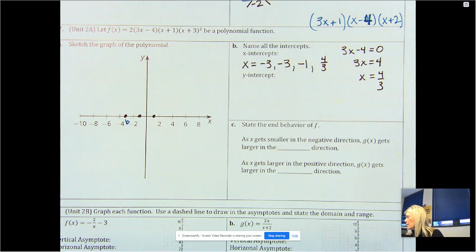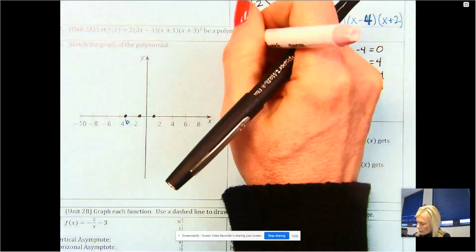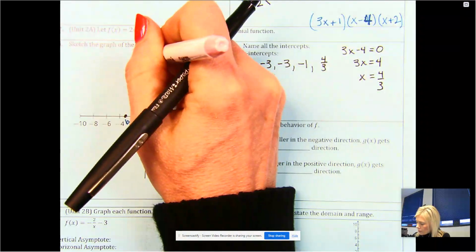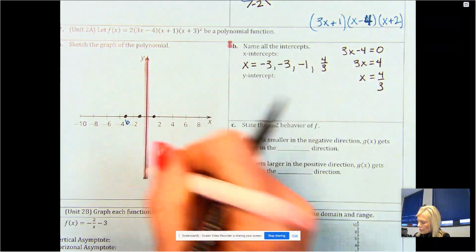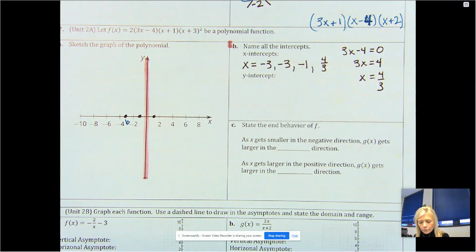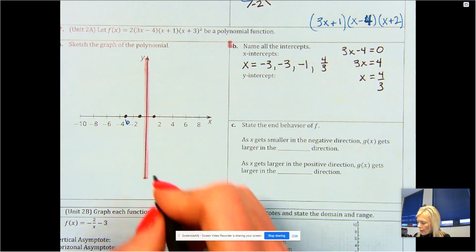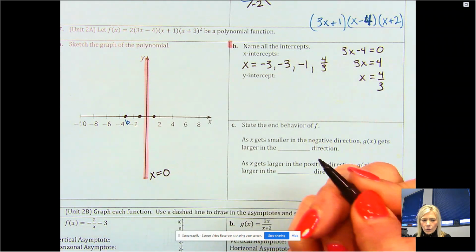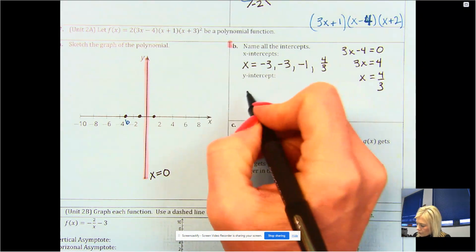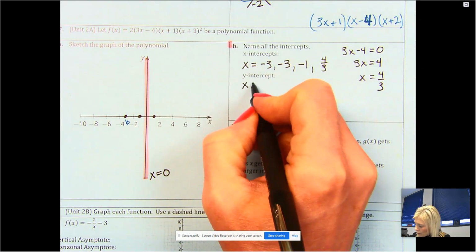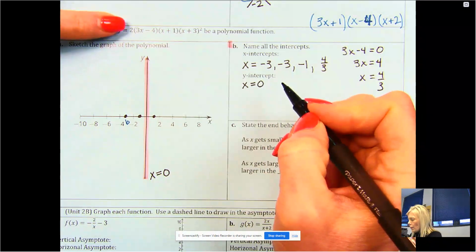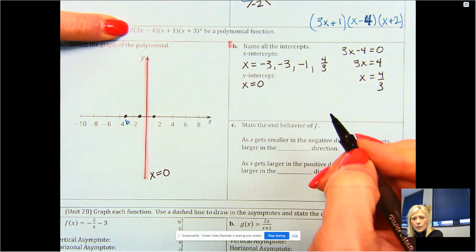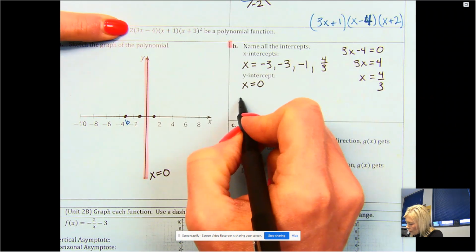The y-intercept, you know, where does this function cross the y-axis? Every point on the y-axis has an x value of 0. And so to find the y-intercept, we put a 0 in the equation every place that you see an x.